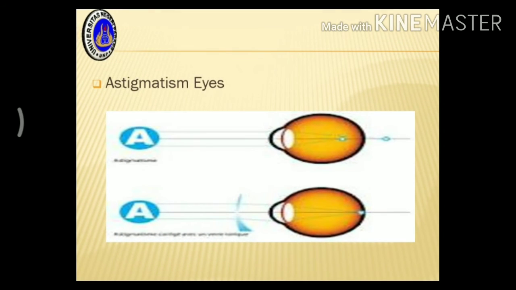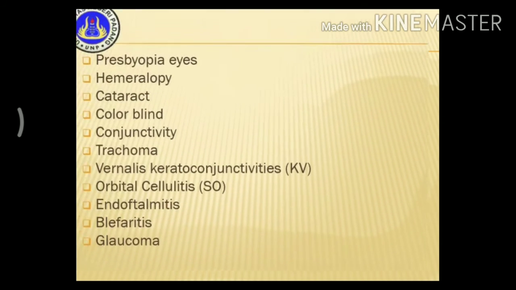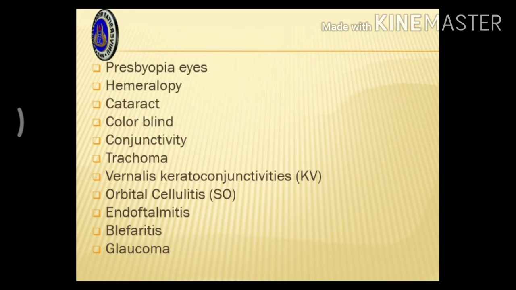Next, astigmatism, an eye with an uneven curvature of the corneal surface or lens. Next, presbyopia is a condition in which the lens loses its elasticity because of increasing age.